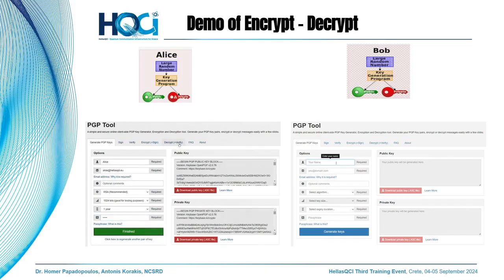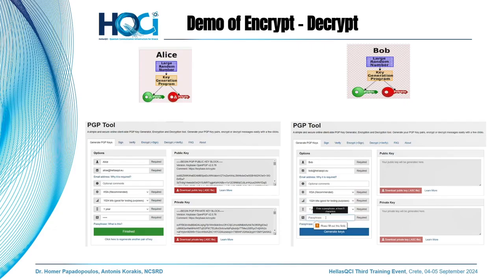Alice creates a public and private key, the same with Bob. This is the first thing you have to do. The second thing, somehow, Alice and Bob should publish their public keys to the outside world.